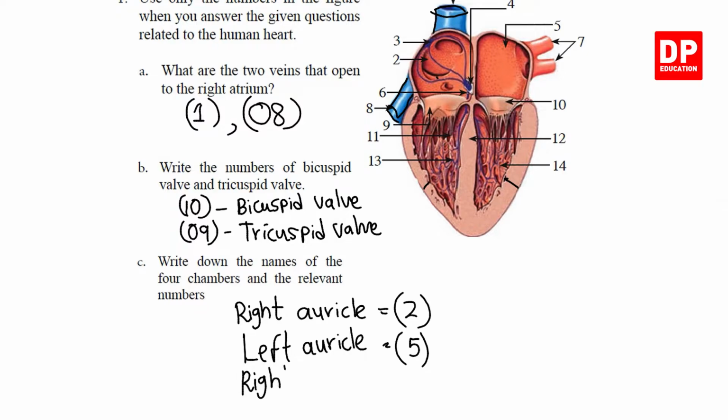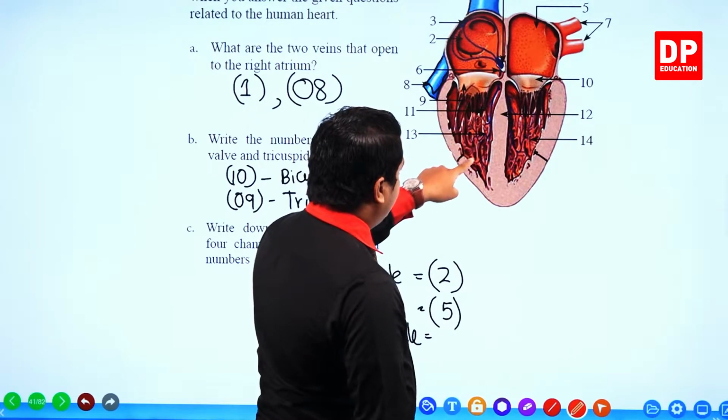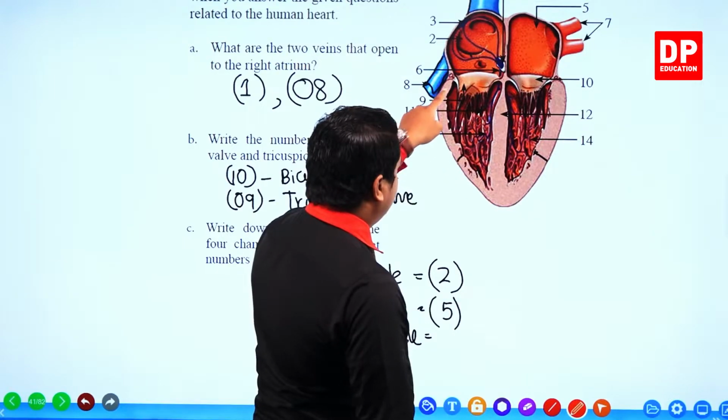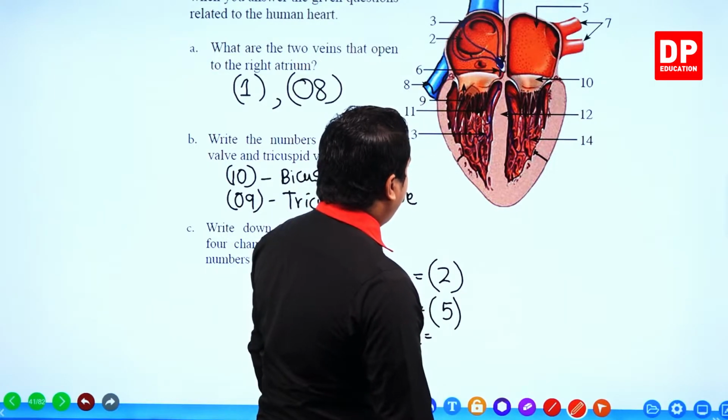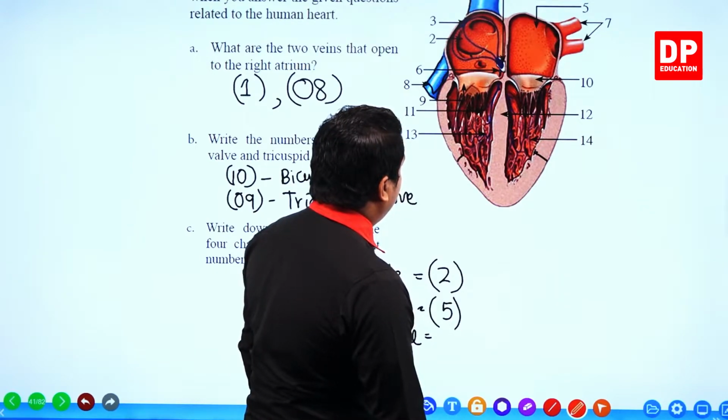Right ventricle. So this is the right ventricle. The right ventricle is number 13.